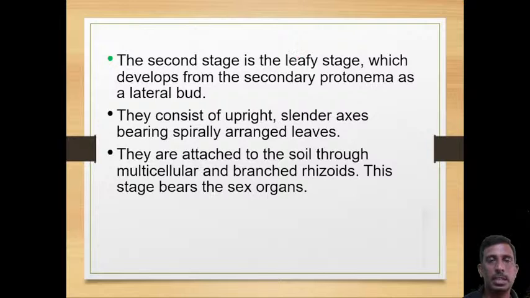The second stage is the leafy stage, which shows structures like root, stem, leaf: rhizoids, axis, leaves. Rhizoids are functionally similar to roots. On the axis there are spirally arranged leaves.